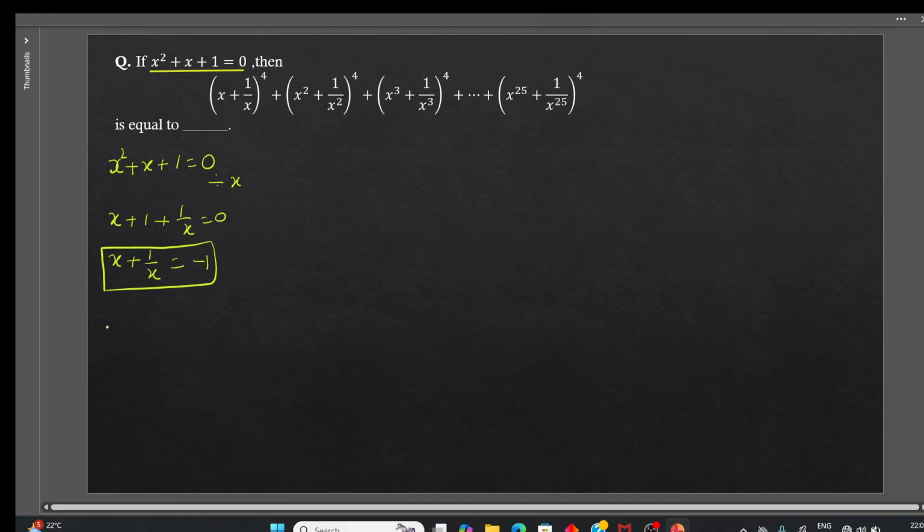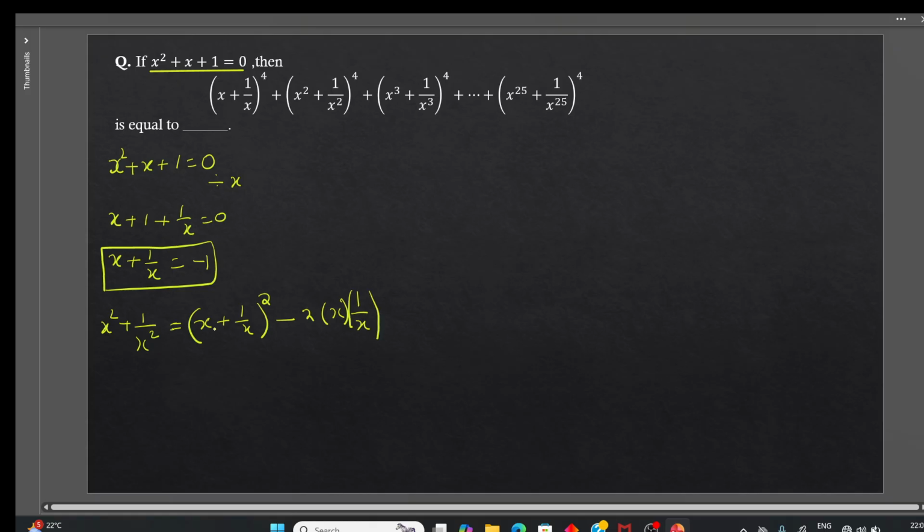Now find the x square plus 1 by x square value. It is (x plus 1 by x) whole square minus 2 into x into 1 by x.